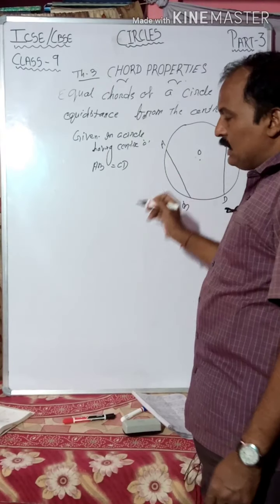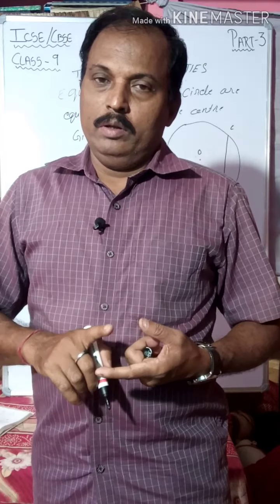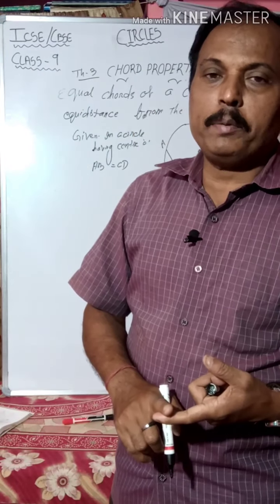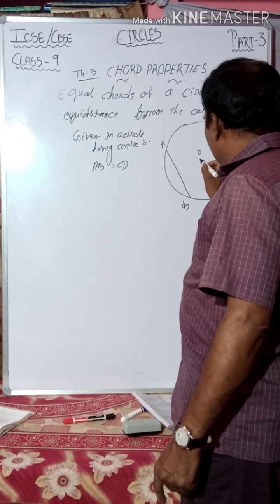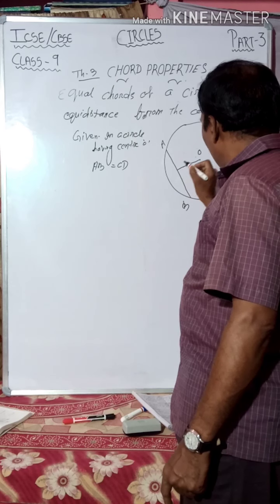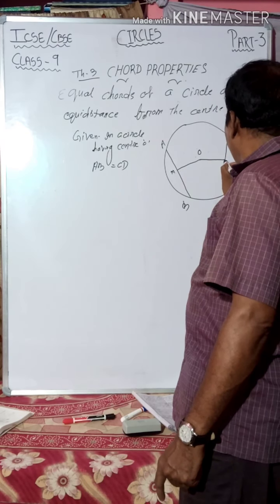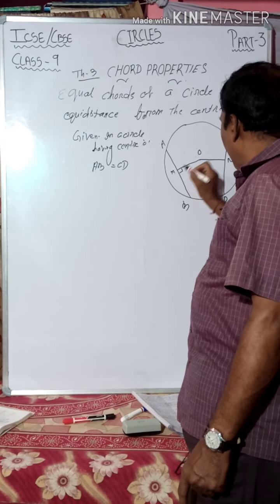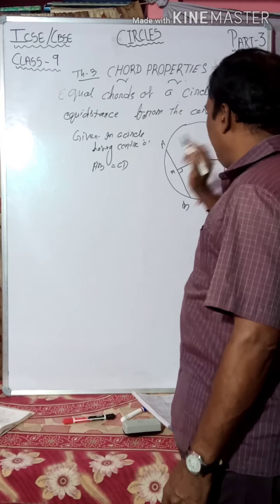We know the distance, altitude and perpendicular are all the same. So distance means perpendicular, altitude means perpendicular. So the distance means this is the perpendicular. Suppose OM, and this is another perpendicular, that is ON.